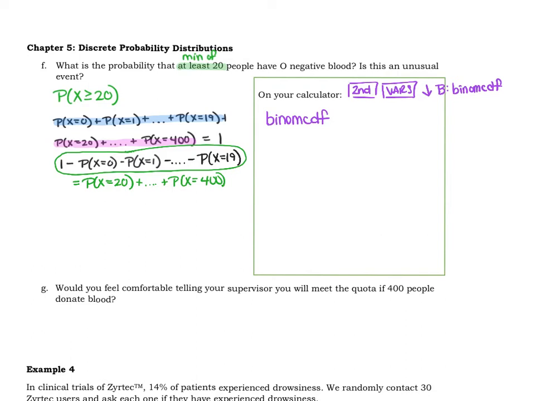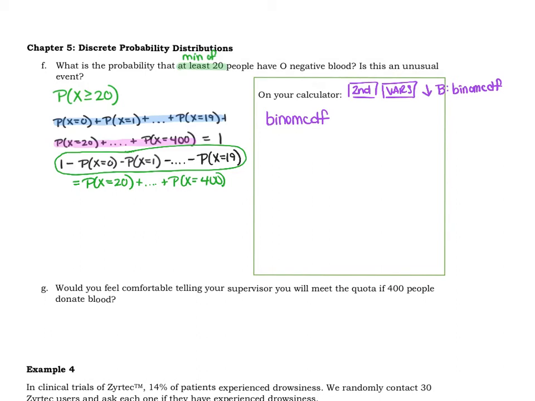We don't put the P in there. CDF, cumulative distribution function. Now, you remember cumulative relative probabilities from earlier on when we started talking about probability distributions. We did the one scenario, and then we added the 1 and the 2, and then the 1, 2, 3, and then 1, 2, 3, 4, so that eventually it added up to 1. That's what this function does.